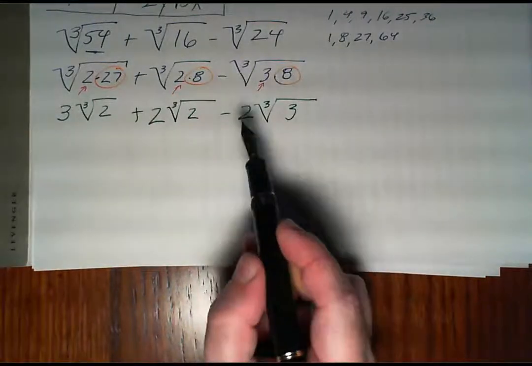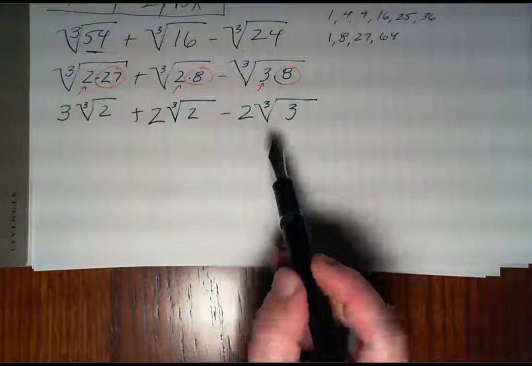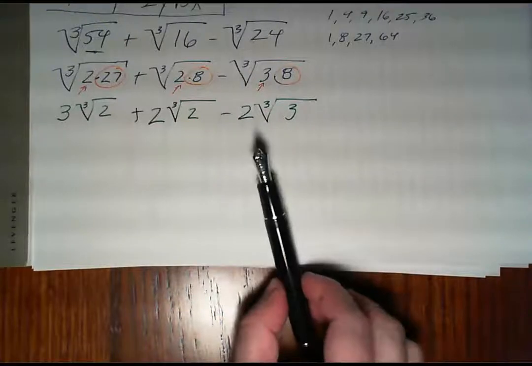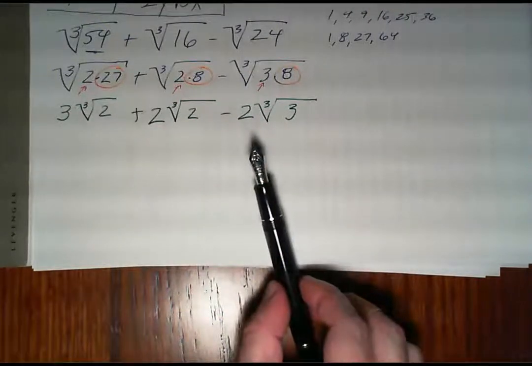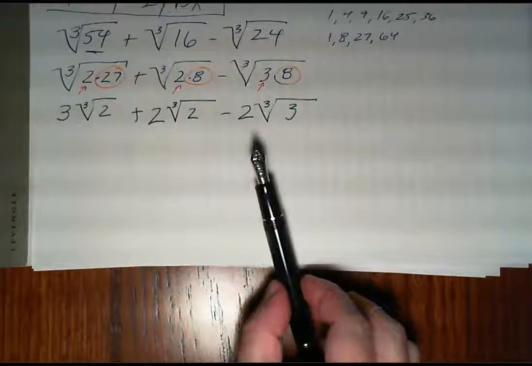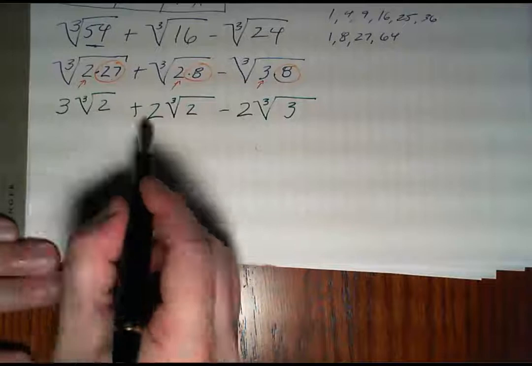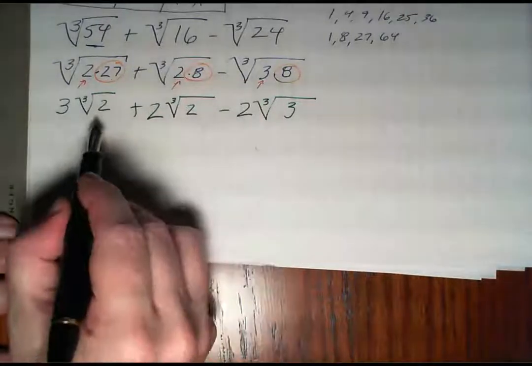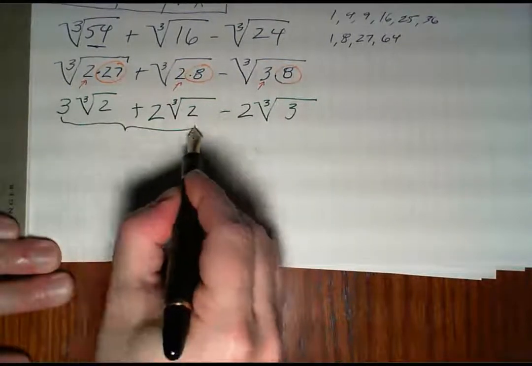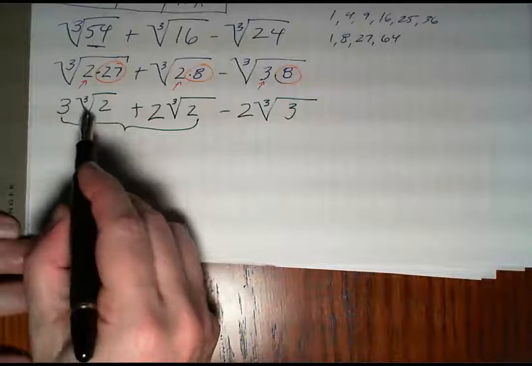This is another good example of exactly how we are going to deal with our like terms. You think of these radicals exactly the way you think of a regular variable. In other words, they have to have the same exact radical part to be like terms. So I can only combine what I have here at the beginning because they both have the cube root of 2.